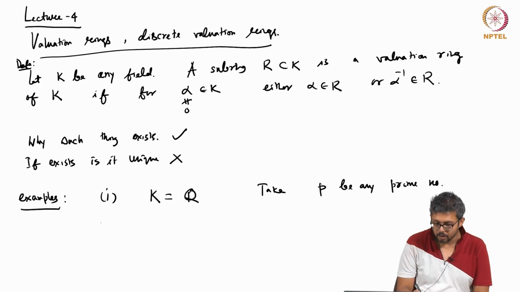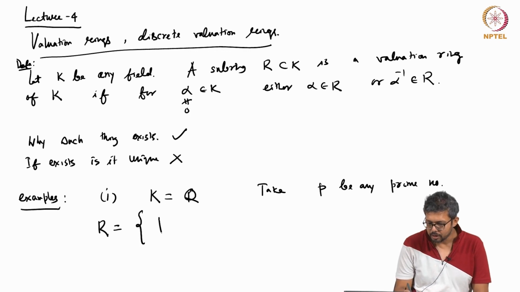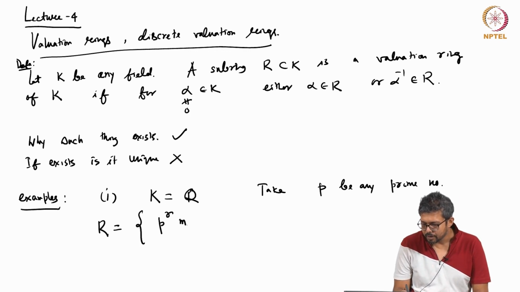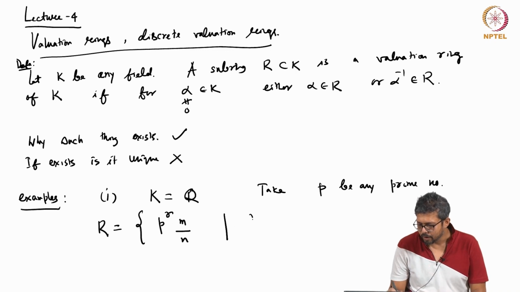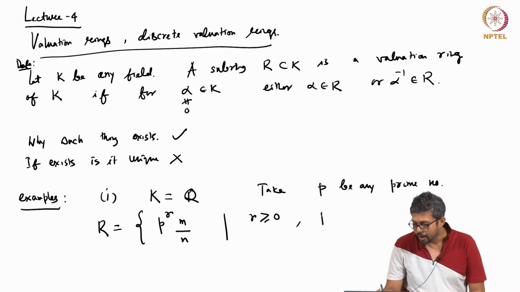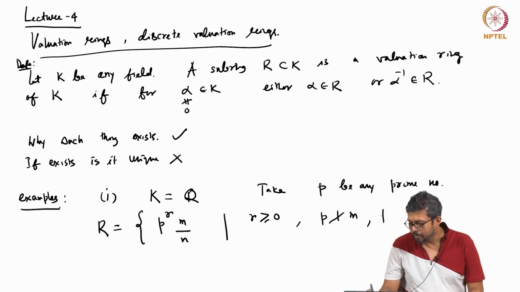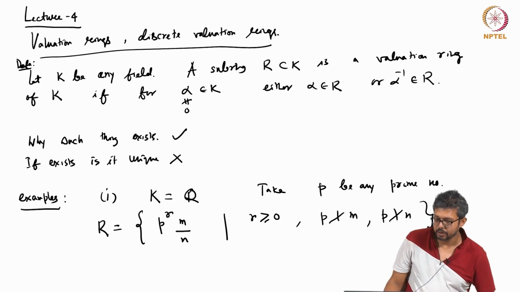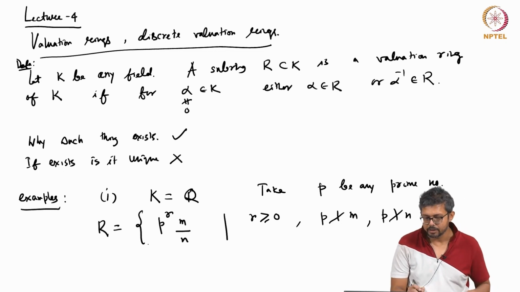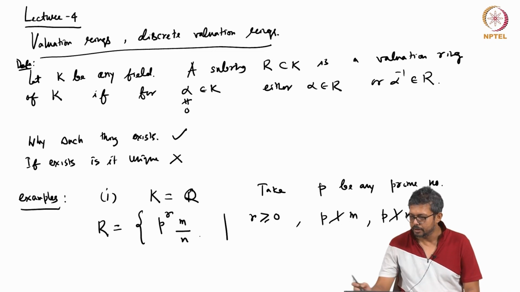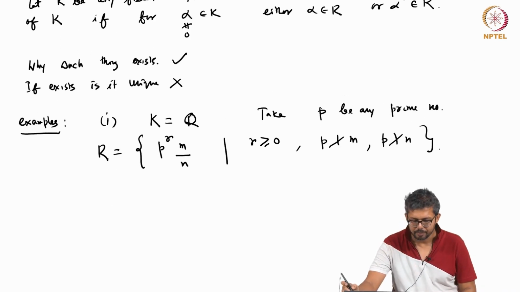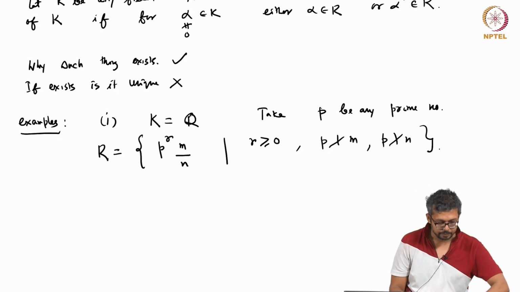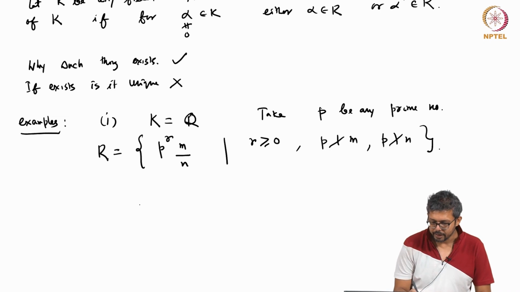Then you consider the localization of Z at p, which is nothing but the ring of elements p to the power r times m by n, where r is greater than or equal to 0, and p does not divide m, p does not divide n. It is easy to check that this is basically the localization of the integer ring at the prime ideal p. So this is a valuation ring.